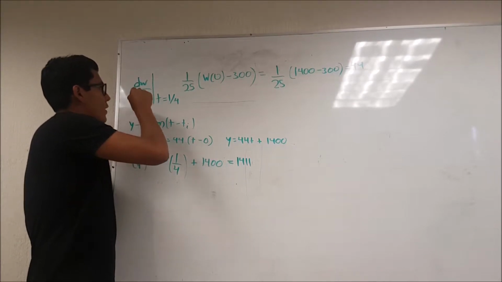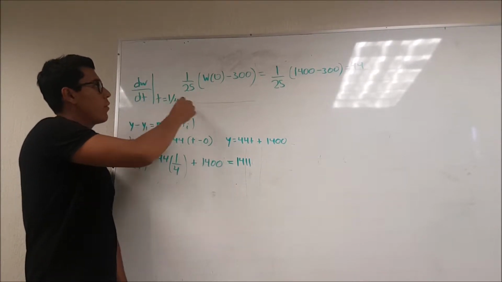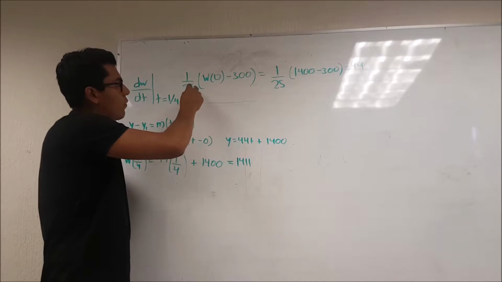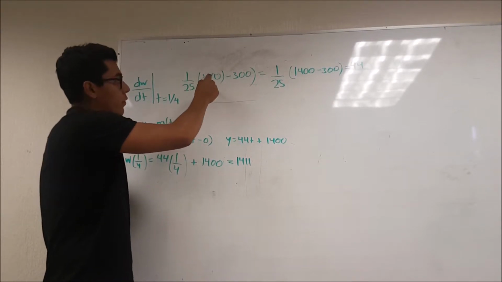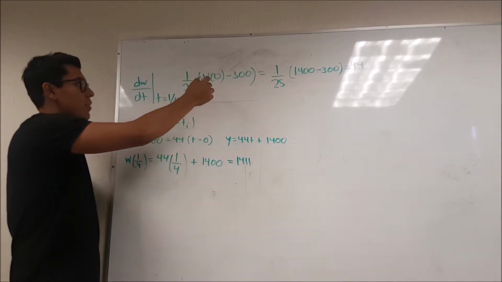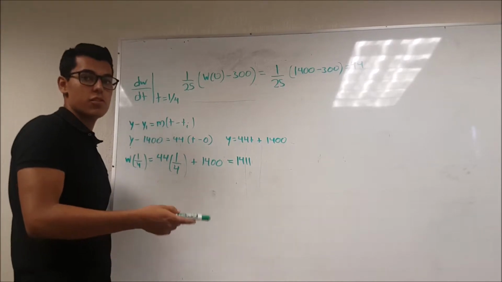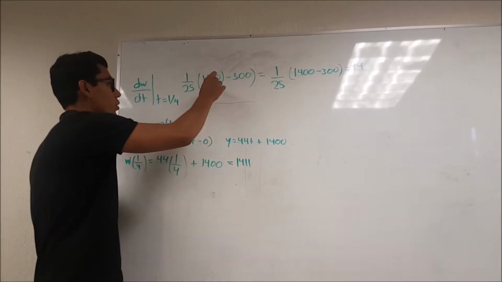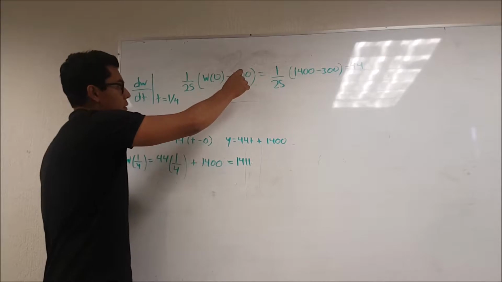So the derivative when t equals 0 is 1 over 25 of W when t equals 0, because the tangent line needs to be an approximation, a Newton approximation when time equals 0, minus 300.